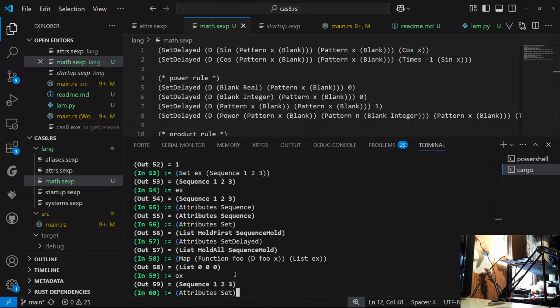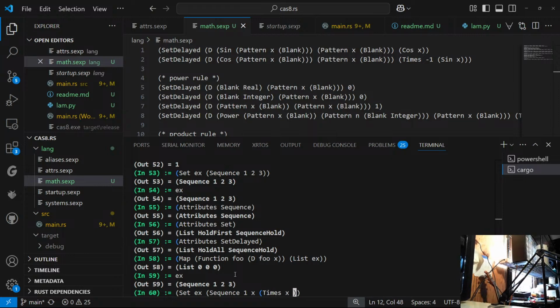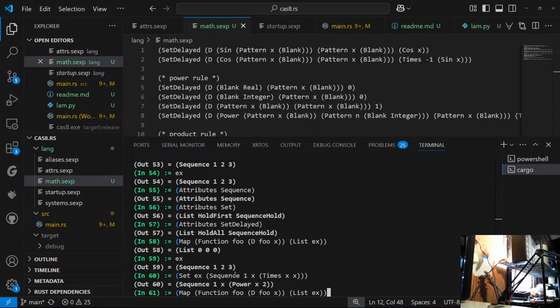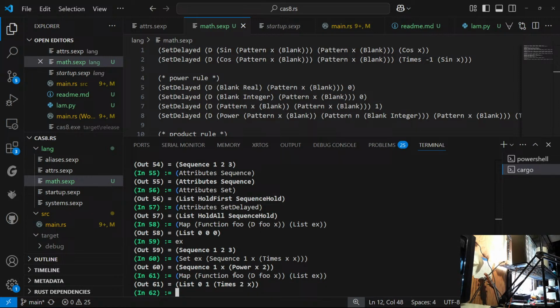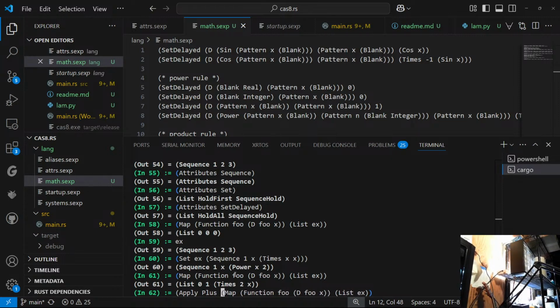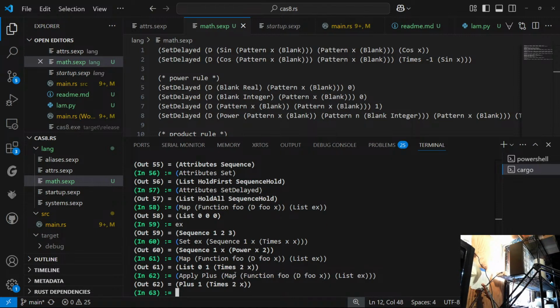Oh wait, can we have x equal to... Oh, you know what? I think I'm just hitting this stupid reevaluation bug. I really need to fix that. Right, so now we just need to do an apply plus. All right, cool.